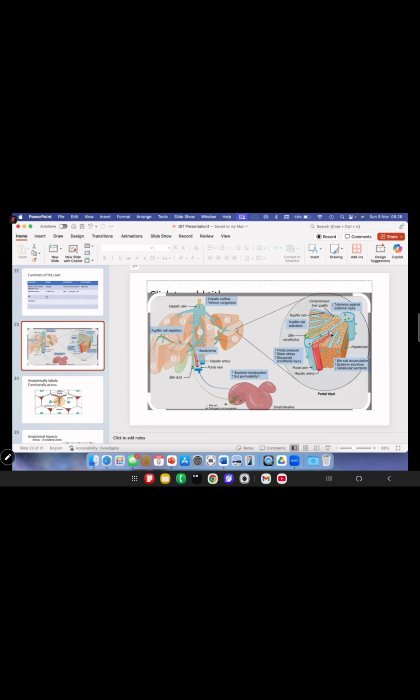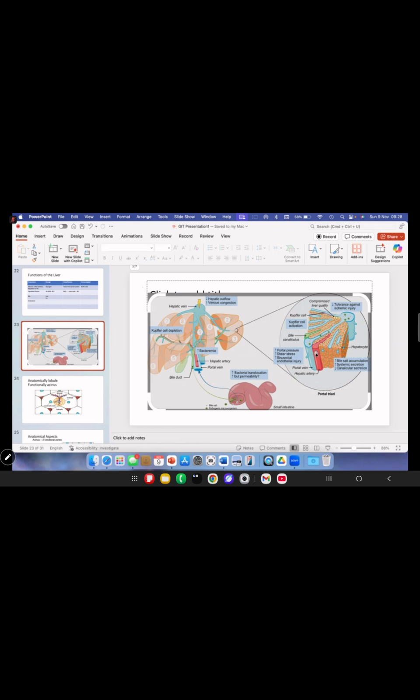On the other hand, the hepatic artery supplies arterial blood to the cells. And the bile goes in the other direction, to the intestine. These are the sinusoidal cells.